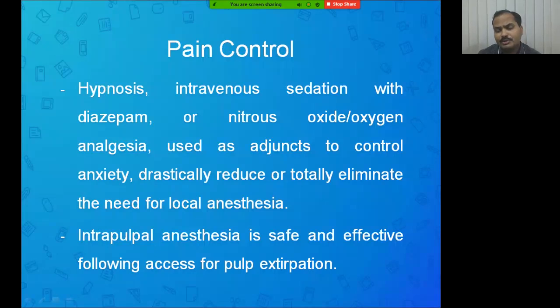Now, how do we control pain without inducing any bleeding? That means without any anesthetic agent which can be given as a block.